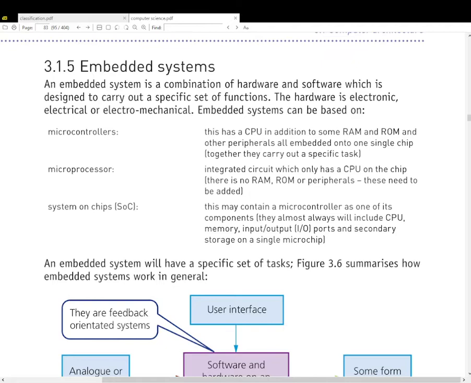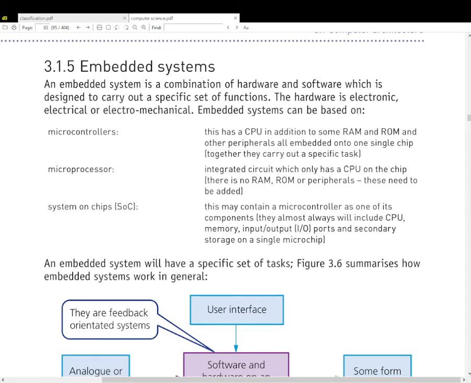So you will be able to see the distinction between this system and other systems like a computer, which is based on a microprocessor, but also some of these embedded systems are based on microprocessors.